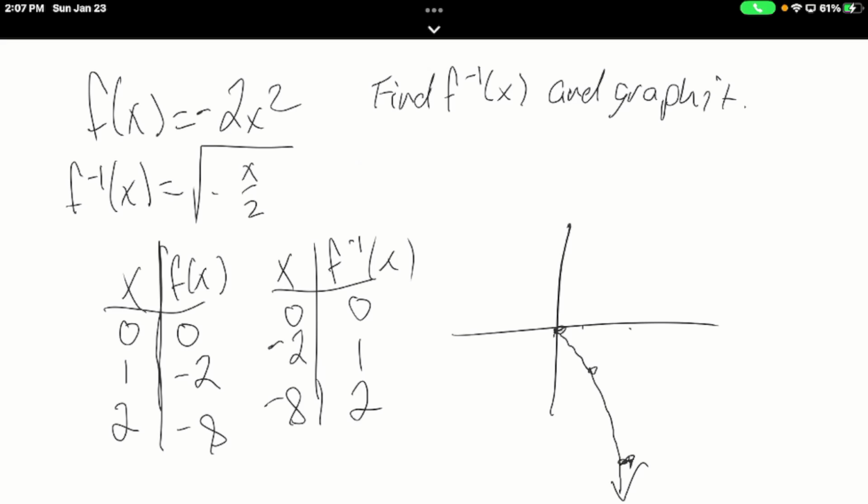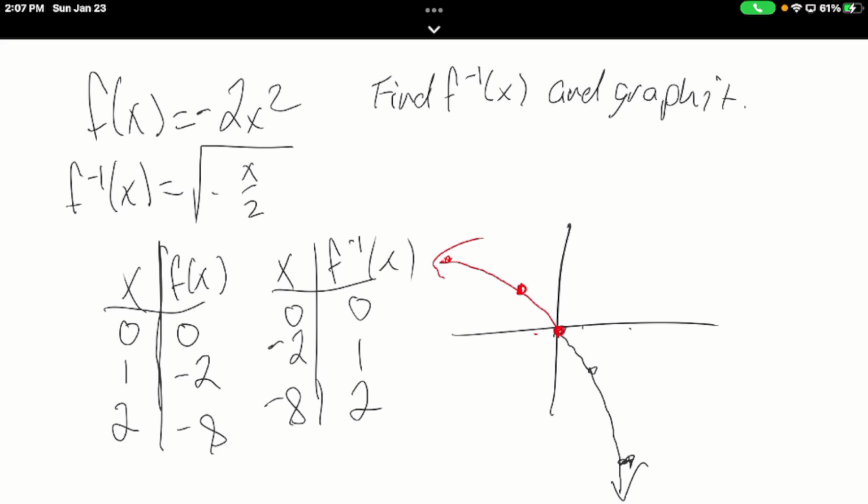That's fine. Now my inverse, I start off at 0, 0. I'm going negative 2, 1. It's going to be over here. I'm going negative 8, 2, which is over here. Okay. That's giving me a graph that looks like that.